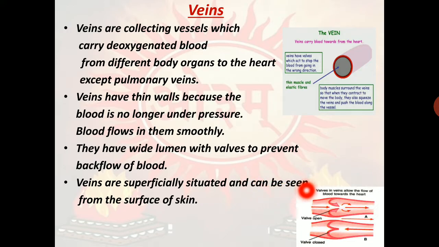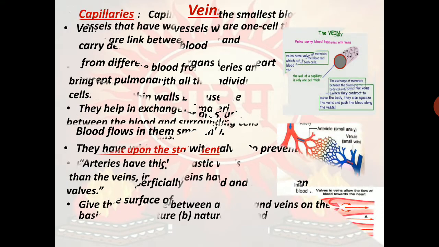You can see from this diagram that valves are present inside the veins to prevent the backflow of the blood. They will carry the blood only towards heart in one direction only. Veins are superficially situated and can be seen from the surface of skin.